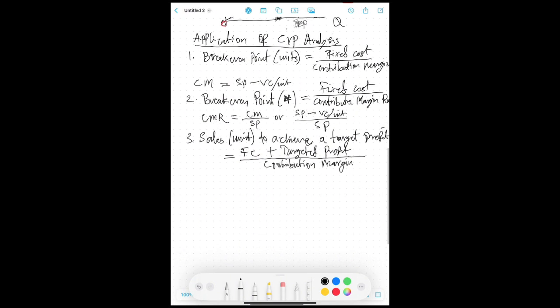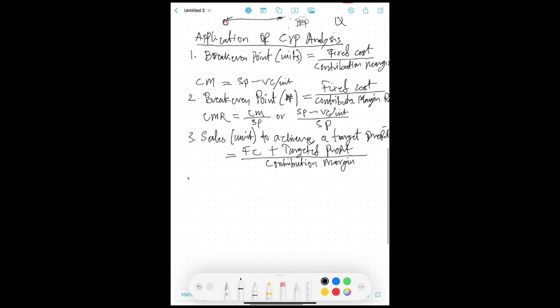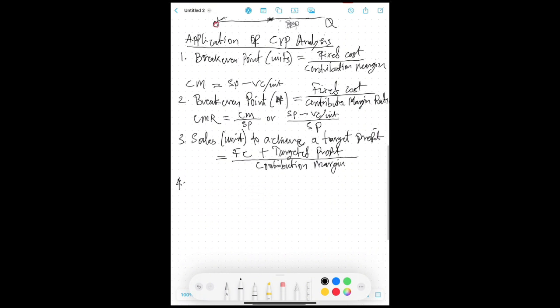Number next, 4. You can also use it to achieve sales in value. How much will you sell in order to achieve a target profit?